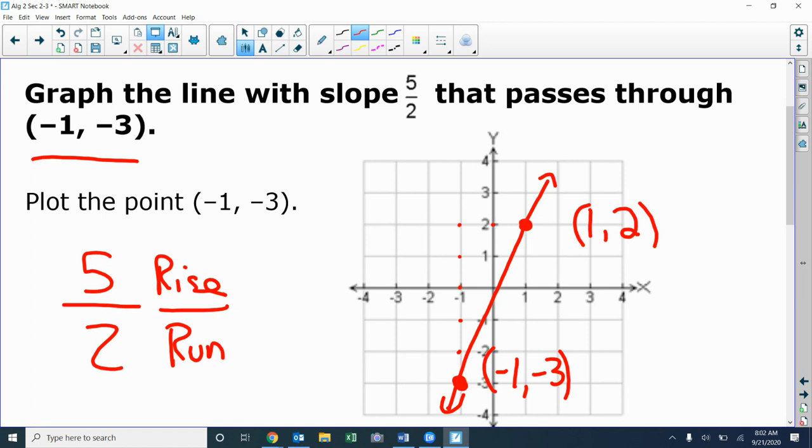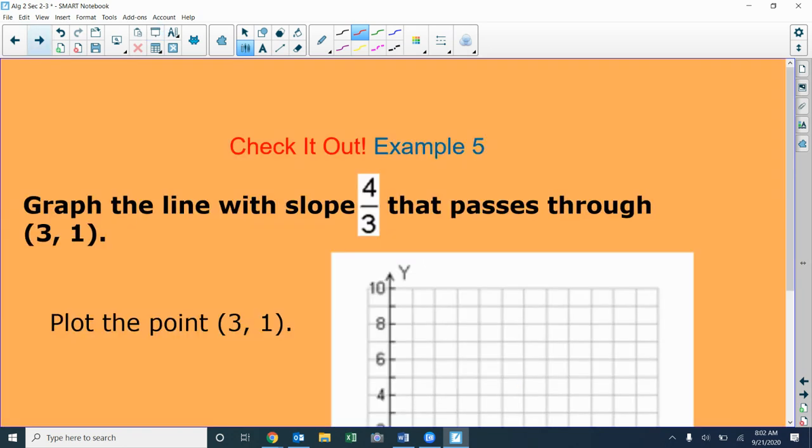Label those points. So given a slope and a point, my friends, how do we feel about doing that? Everybody feel okay they could do that? Take a shot at this one if you would.